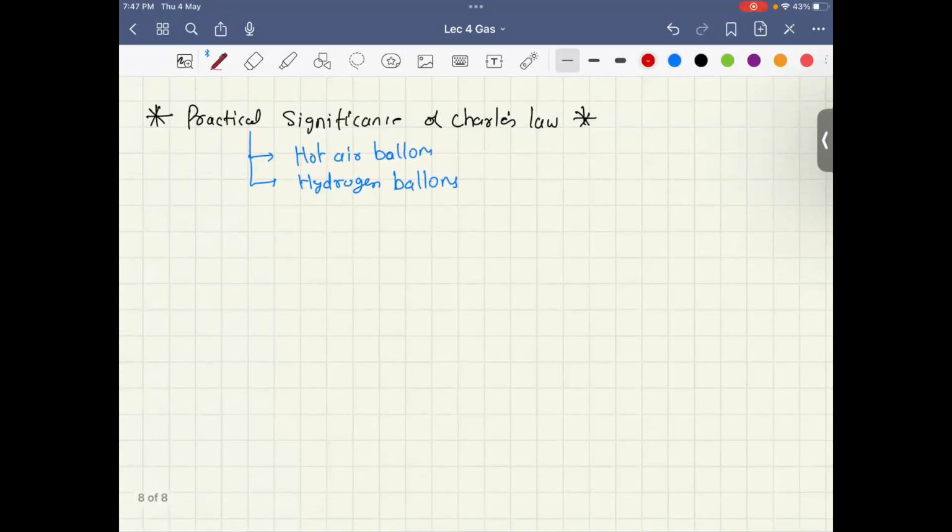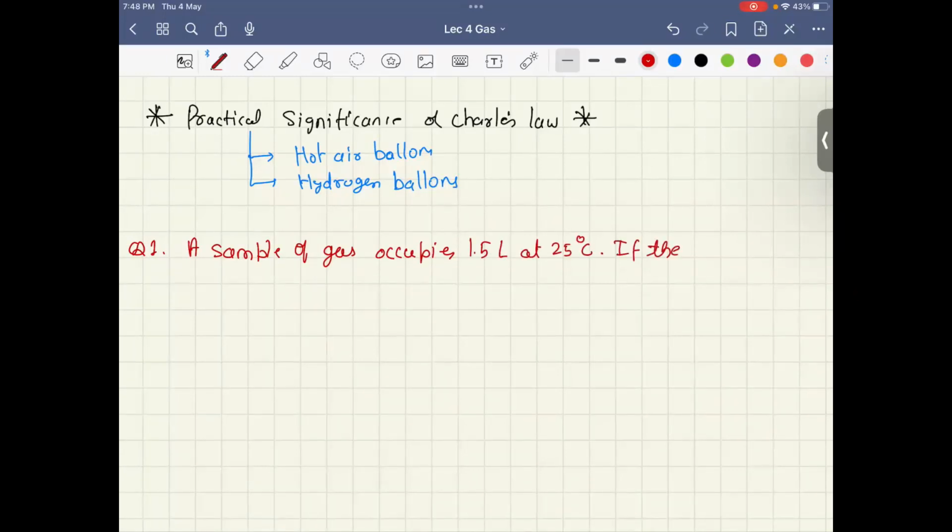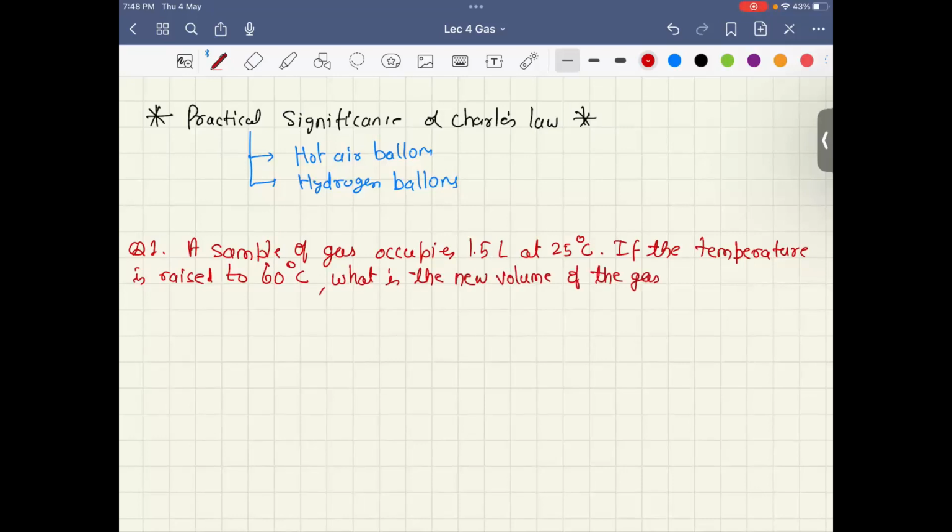Let's try to solve some questions. A sample of gas occupies 1.5 liter at 25 degrees centigrade. If the temperature is raised to 60 degrees centigrade, then what is the new volume of the gas if pressure remains constant?